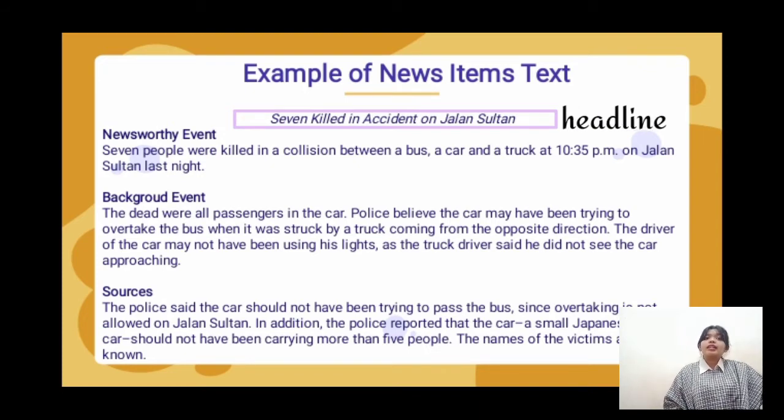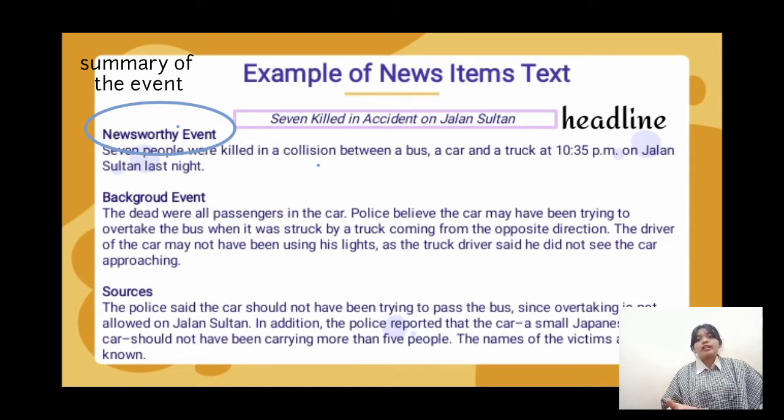And then the next is 7 people were killed in the collision between a bus, a car and a truck at 10:35 p.m. on Jalan Sultan last night.